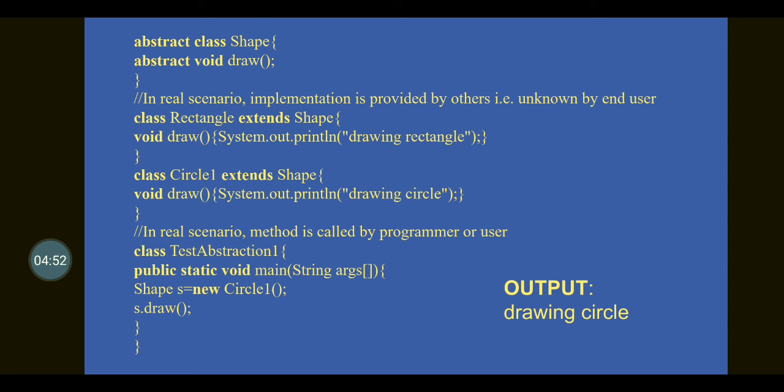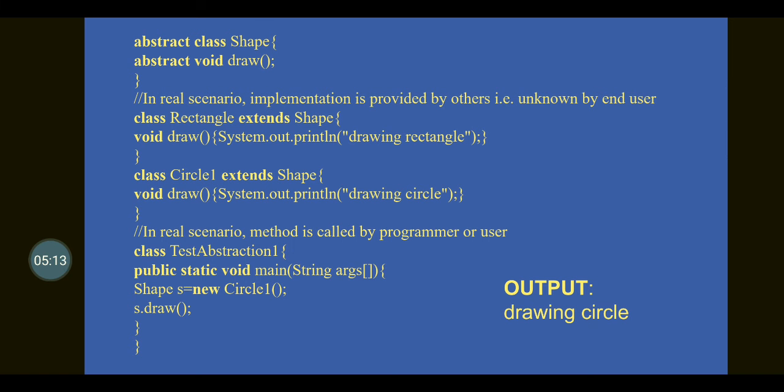And we have class Circle1, which is inherited from the same abstract class Shape. Here we once again implement the draw method, that is the abstract method. Here the definition says drawing circle.